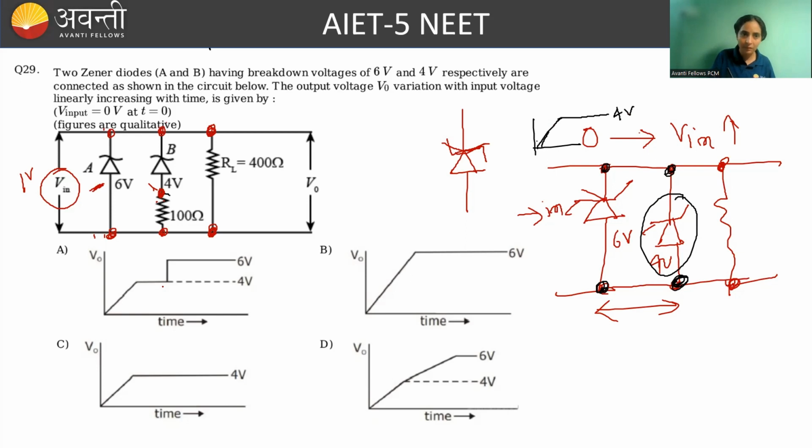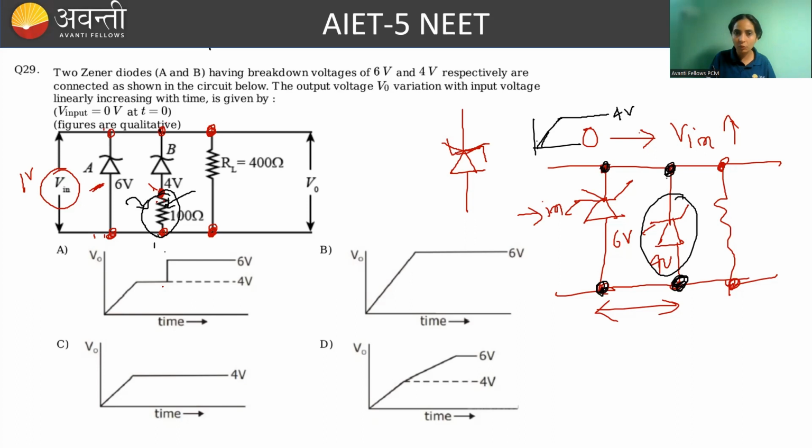But here what is the case? In the second branch there is also a resistance, so across it also voltage will drop. So there is a chance that even if voltage has become 4 volt, more input voltage will increase, because beyond 4 volt whatever voltage is increasing will drop across the 100 ohm resistance. So across it voltage can go up to 6 volt.